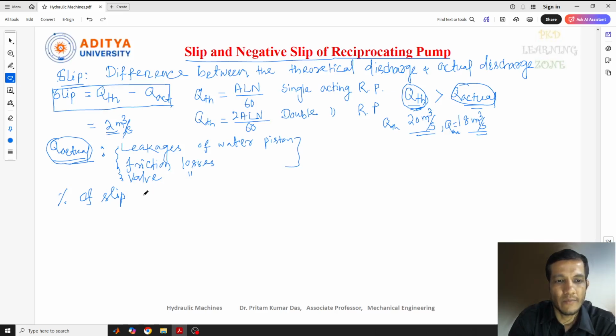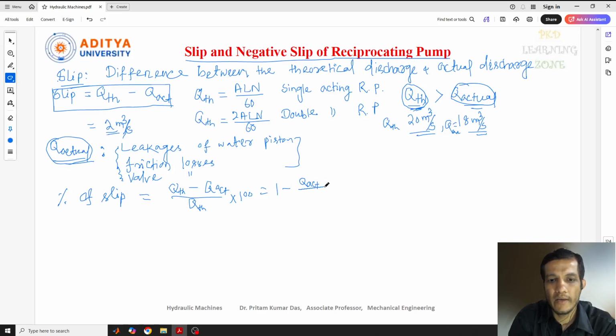Percentage of slip is nothing but Q theoretical minus Q actual, by Q theoretical, into 100. Percentage we need to do, that's why 100 needs to be multiplied. So in that we can write Q theoretical by Q theoretical, that is 1, minus Q actual by Q theoretical, let's keep it in bracket, into 100.